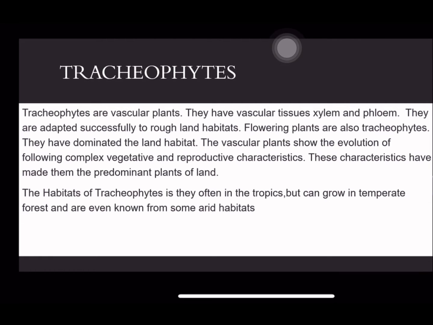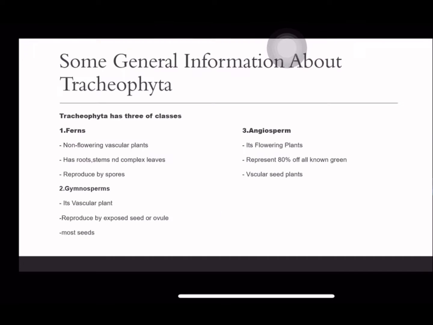The habitats of Tracheophyta are often in the tropics, but they can grow in temperate forests and are even known from some arid habitats. Some general information about Tracheophyta: Tracheophyta has three classes.